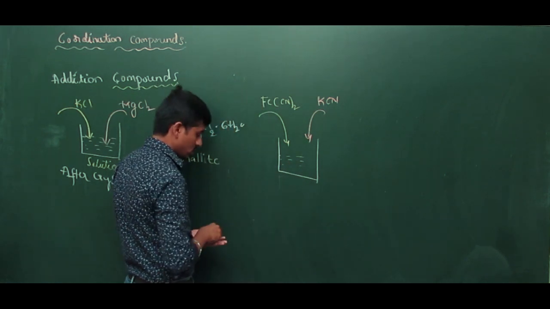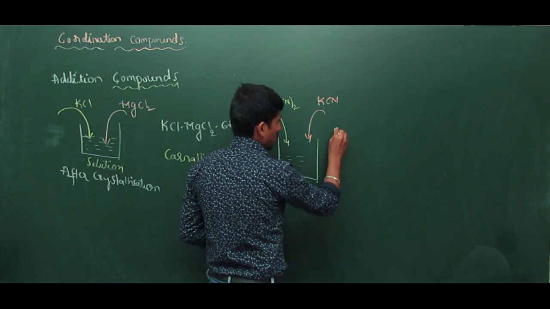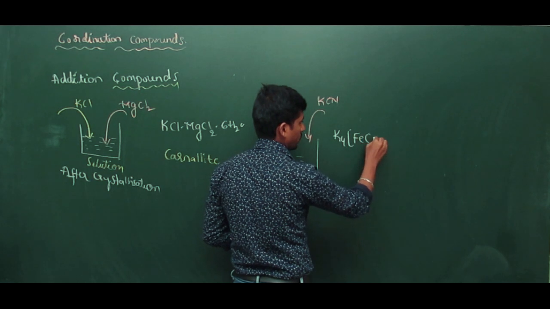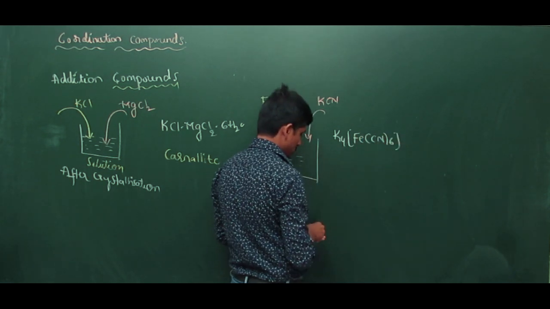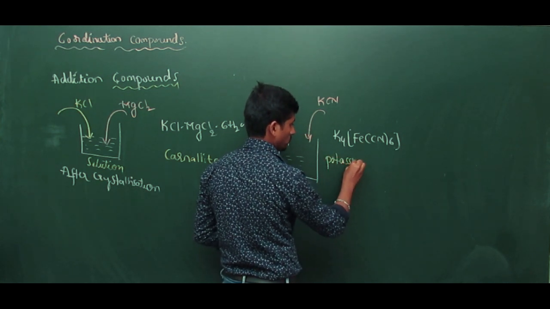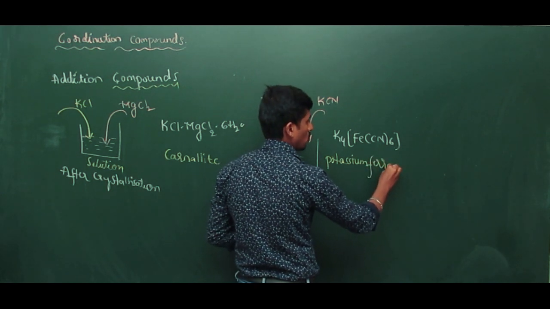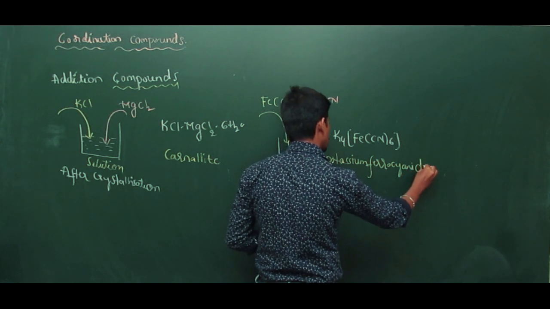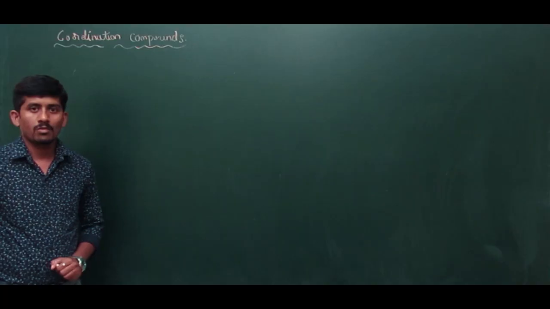After crystallization, you will get a new compound having the composition K4[Fe(CN)6], named potassium ferrocyanide. This is also an example of an addition compound.